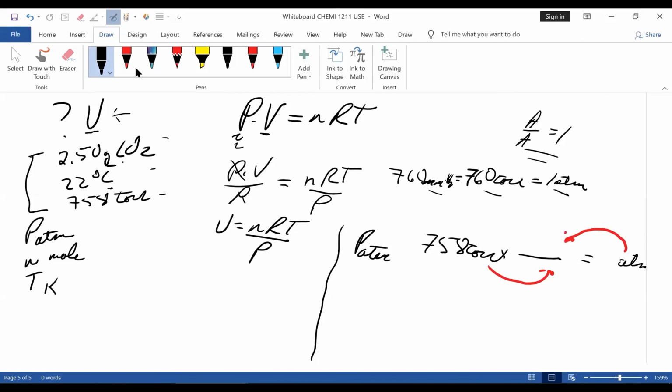Therefore, what units do I want on top? Atmosphere. What units do I want underneath? Torr. If I look up here, it's 1 atmosphere per 760 torr. This is a definition.